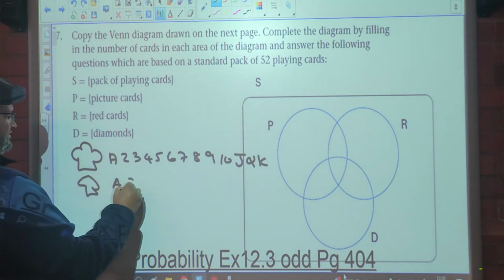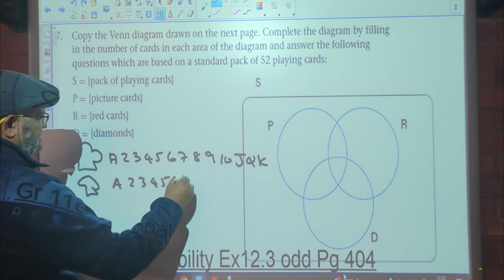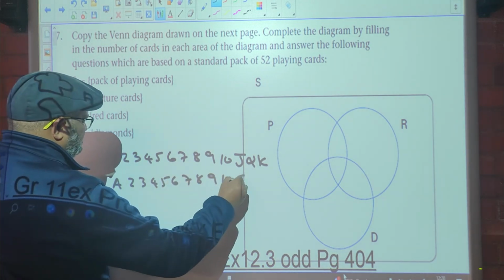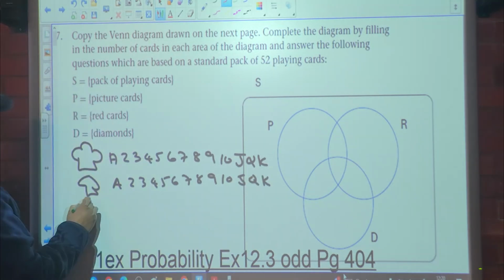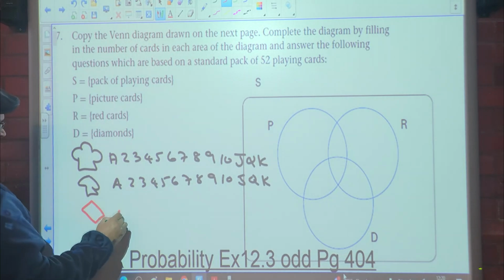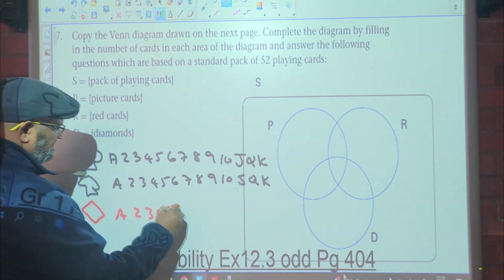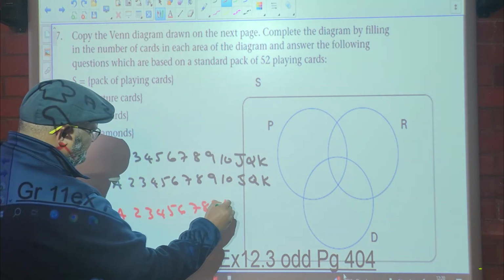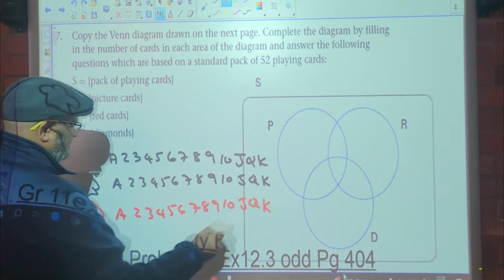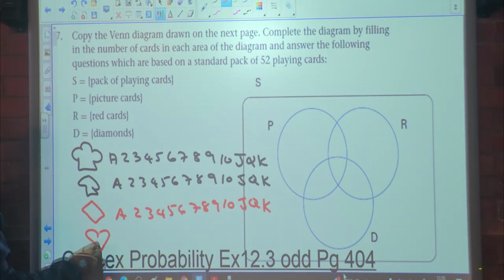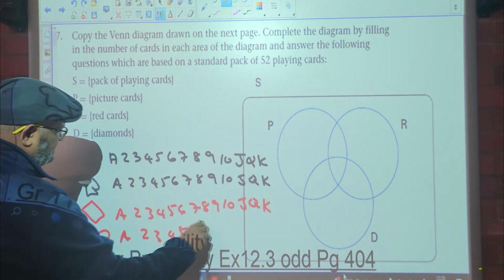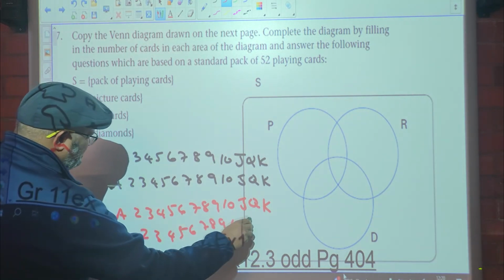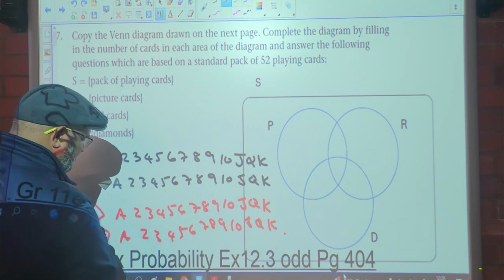So it's ace, 2, 3, 4, 6, 7, 8, 9, 10, Jack, Queen. And then for your diamonds, you've got ace, 2, 3, 4, 5, 6, 7, 8, 9, 10, Jack, Queen, King. And for your hearts, you've got ace, 2, 3, 4, 5, 6, 7, 8, 9, 10, Jack, Queen.